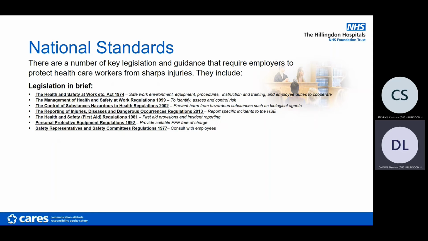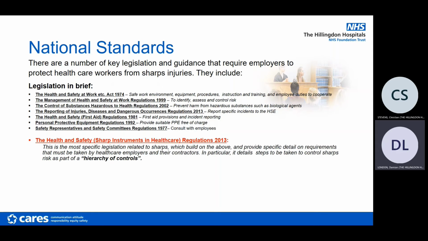We have the PPE, or personal protective equipment, regulations. This is about providing PPE free of charge for staff to minimize risk. And then we have the Safety Representatives and Safety Committees Regulations, which is about consulting employees about the risks that they may potentially be exposed to.